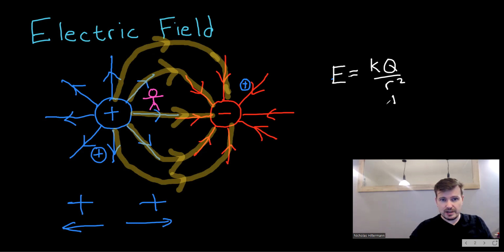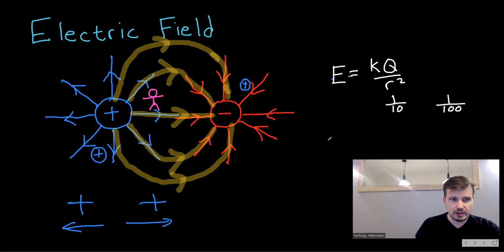Because think about it, 1 over 10 is much bigger than 1 over 100, right? 1/100th, 1/1,000,000th is tiny. So as this r gets bigger, your electric field gets smaller. And that we can see visually, because the strength of this electric field is based on how far apart the lines are.